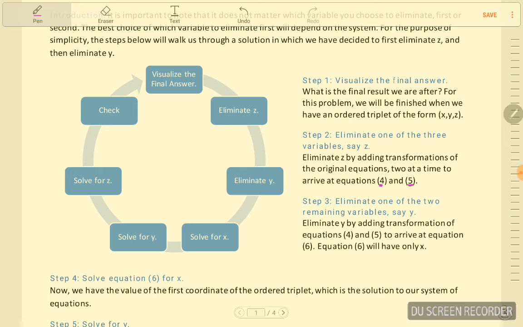And then we eliminate a variable again, which narrows us down to just the one variable which we can solve for. Now once we have one value, it's like we've just found the key to go back and unlock one of these and find out what y is. And then once we know what y is, we have x and y in order to go back and figure out z.